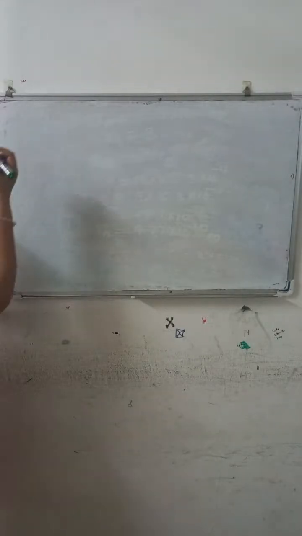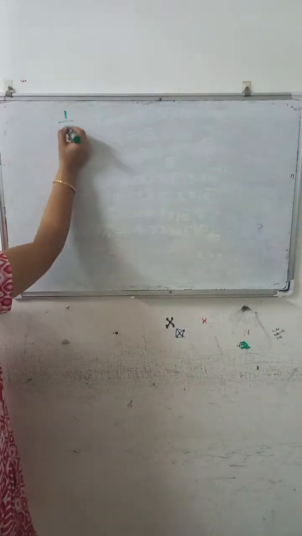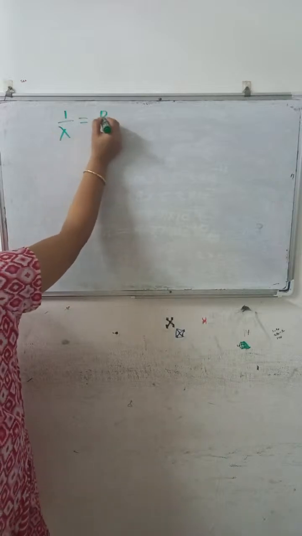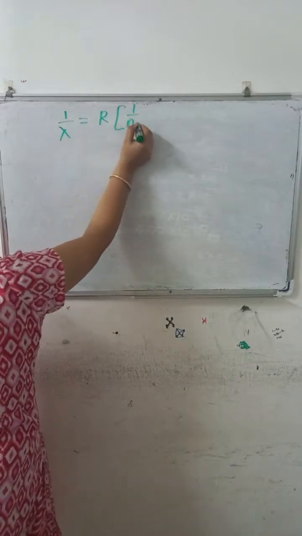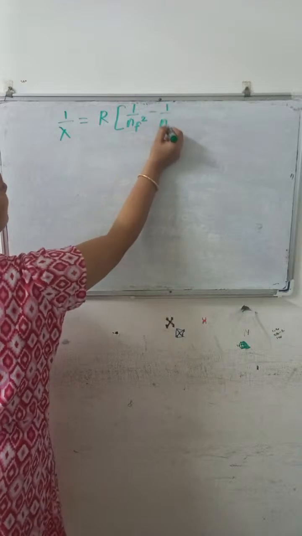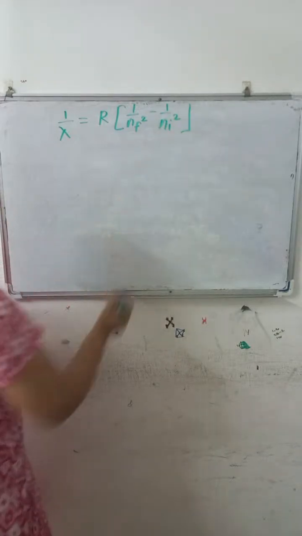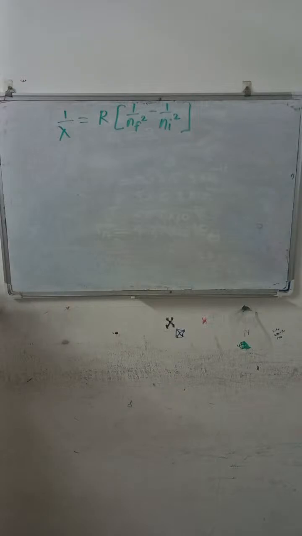So here, Balmer means we know that 1 by lambda is nothing but R inside the bracket 1 upon Nf square minus 1 upon Ni square. The short wavelength limit for the Lyman series is given.